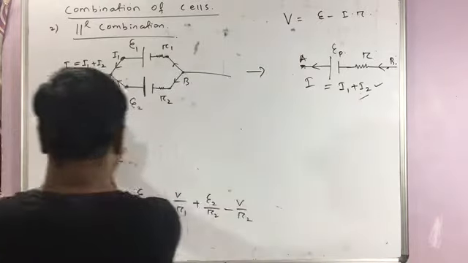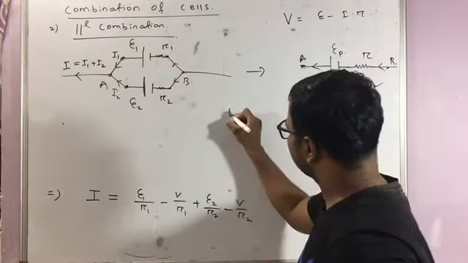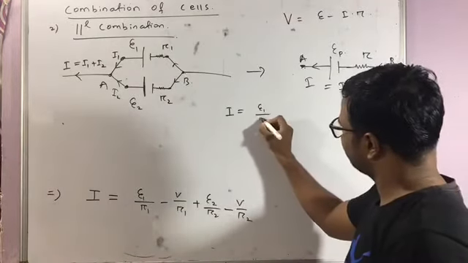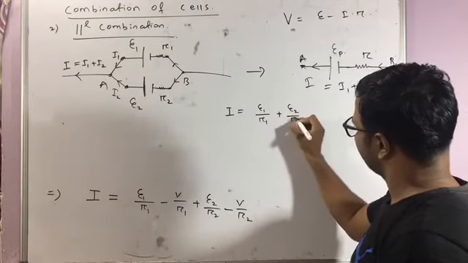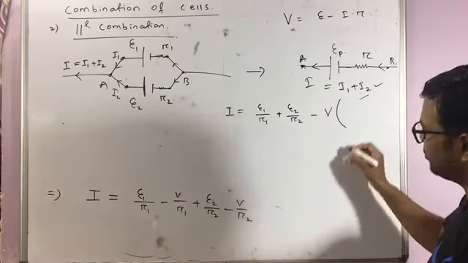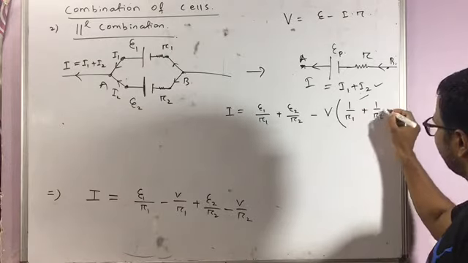Now let us simplify it. From this equation I am getting I is equal to simply E1 by R1 plus E2 by R2 minus V whole into 1 by R1 plus 1 by R2.